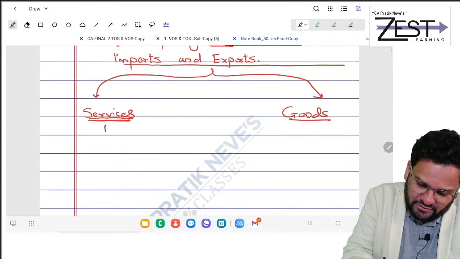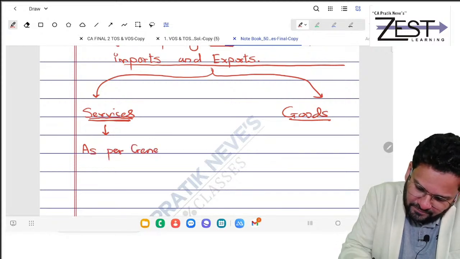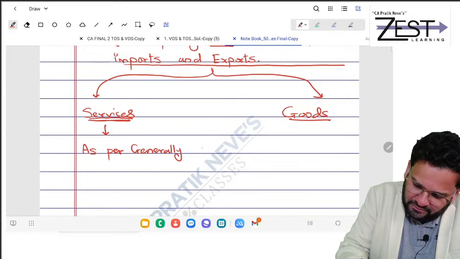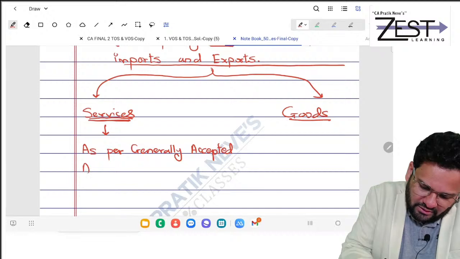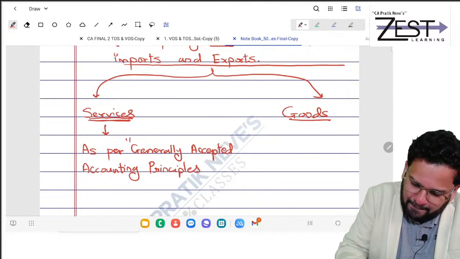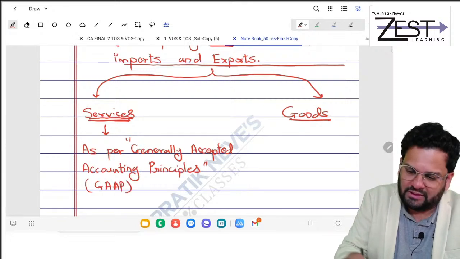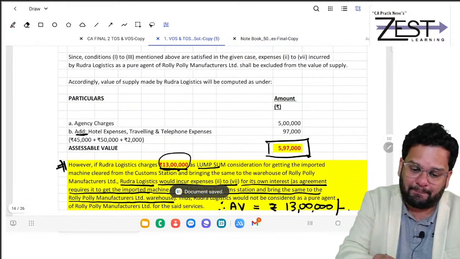In case of services, it will be as per generally accepted accounting principles. That is GAAP. The rate of exchange will be as per GAAP.